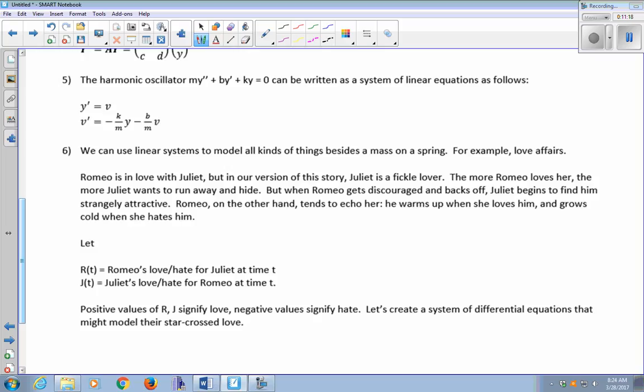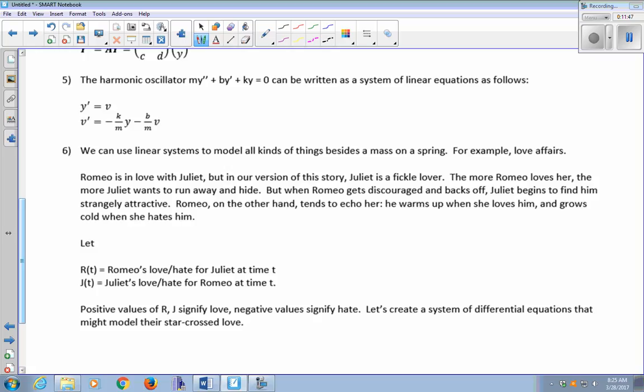So we can translate this to a system because a sliding mass on a spring has both a position and a velocity. So I can rewrite this as y prime equals v, and v prime equals, because v prime is really y double prime, you just solve for y double prime and you get that. So that's one thing that we use linear systems for, the harmonic oscillator.